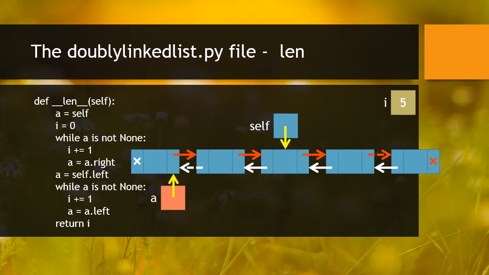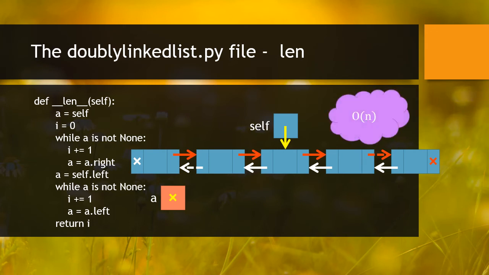Its left pointer is none. So A will become none. When A becomes none, the while condition becomes false and we come out of the second while. Then we return I, which is the number of nodes. The O notation is obviously O(n) because we have visited n nodes.